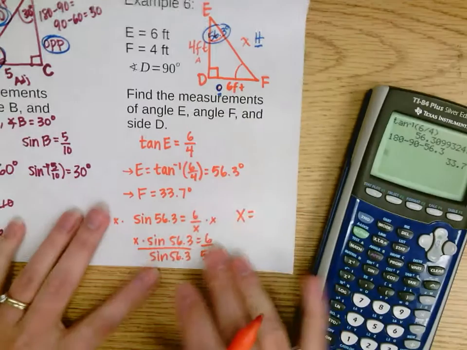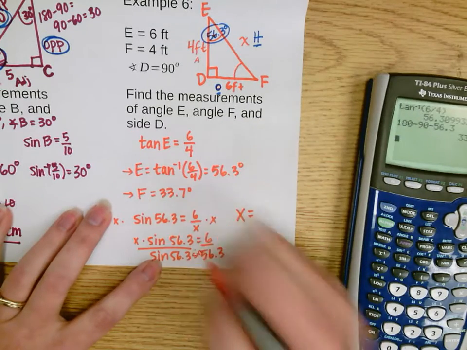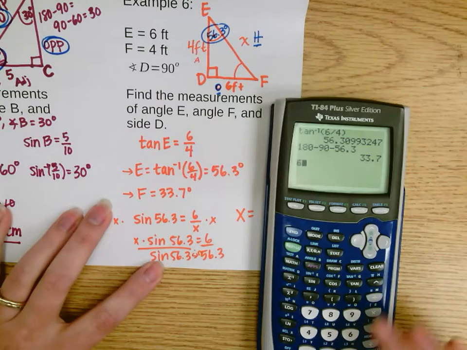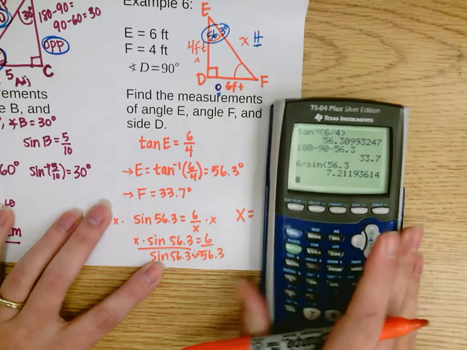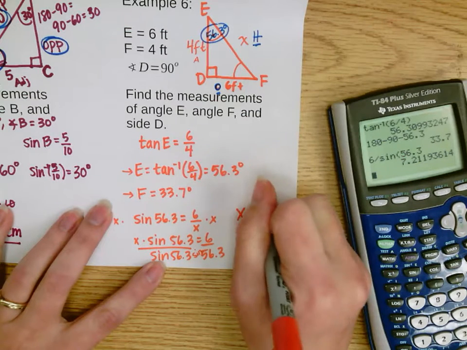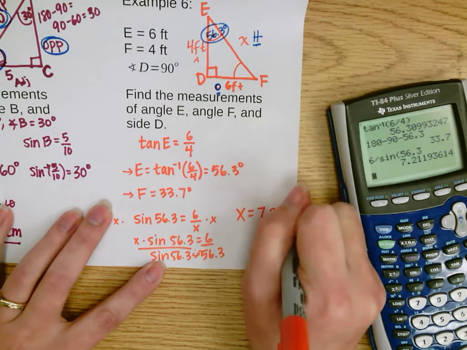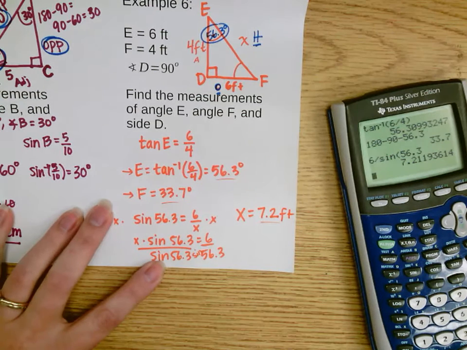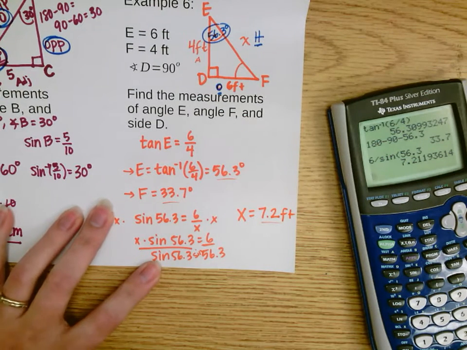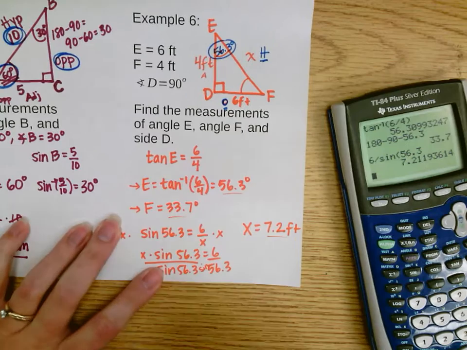Hopefully you caught that. Sine of 56.3. So 6 divided by sine of 56.3 is 7.21, 7.2. And this is 8. So we've got two angles, we've got a side, we found all the sides, we know all the sides and all the angles for this triangle, actually for both of them.